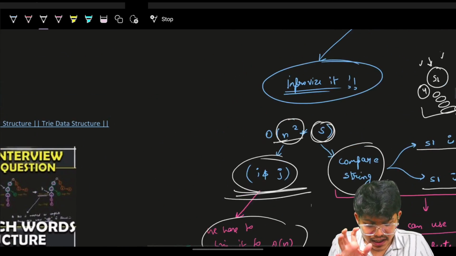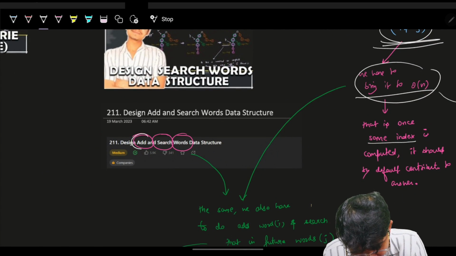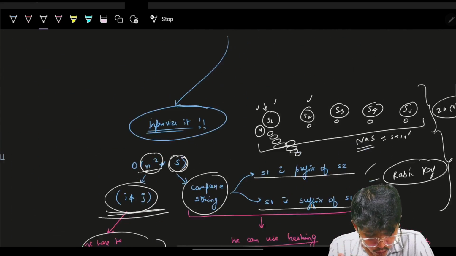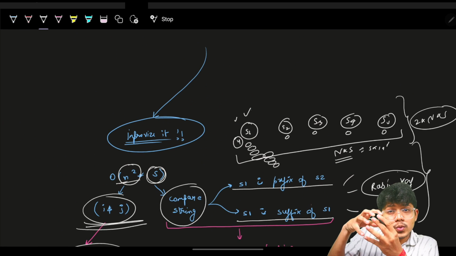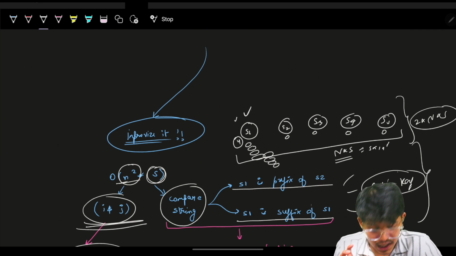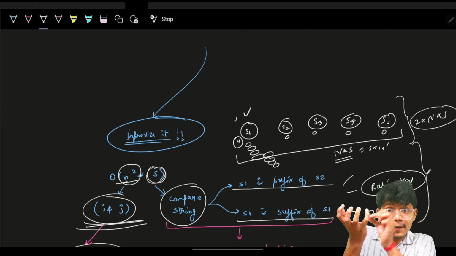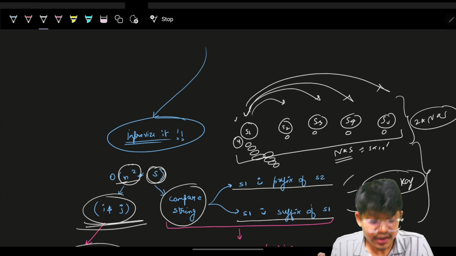So now I tell you what I am doing right now: I am adding or searching some word. If you are at S1, firstly you will have to add your S1. Okay, S1 is added. Now I have to search for S1 as a prefix and suffix in all the later strings.